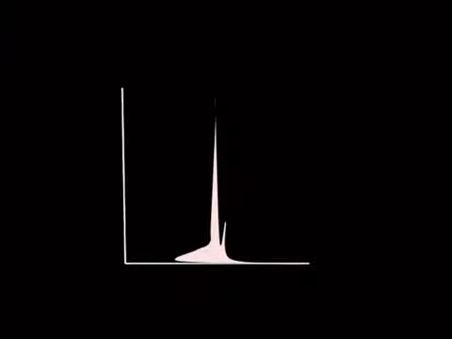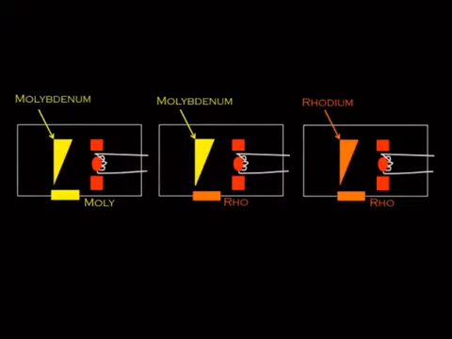So we've got a beam that's basically monoenergetic between 16 and 23, and energies less than 15 or greater than 20 or so are basically filtered out. There's a couple of different filter and anode combinations that you can use. You can have a moly target with a moly filter, a moly target with a rho filter, or a rho target with a rho filter.